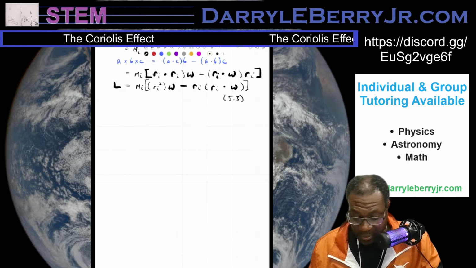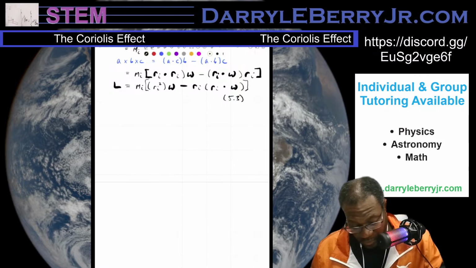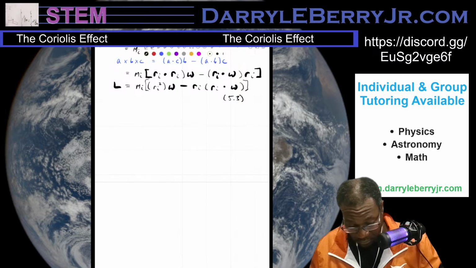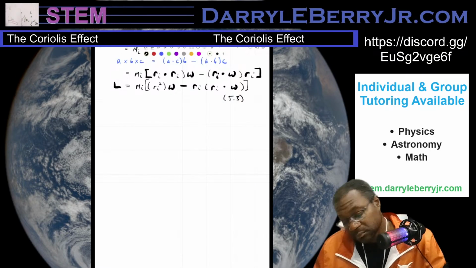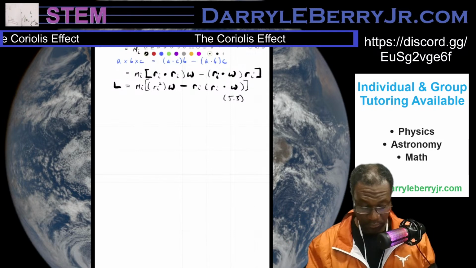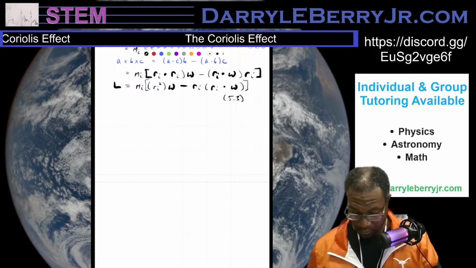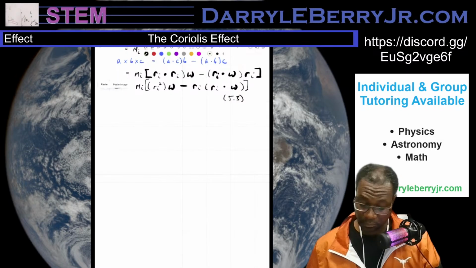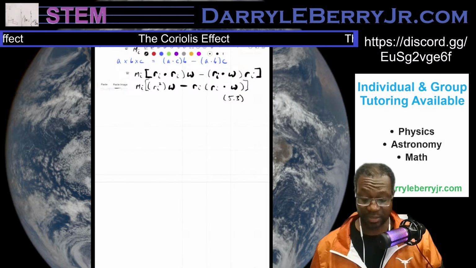Again, expanding the x component of the angular momentum. It says again expanding.